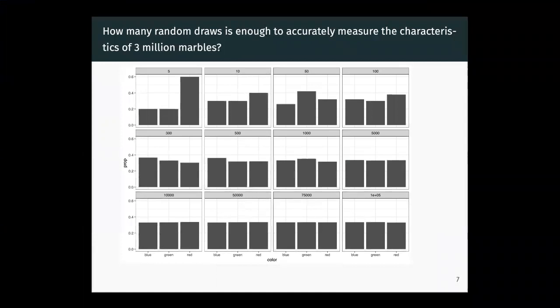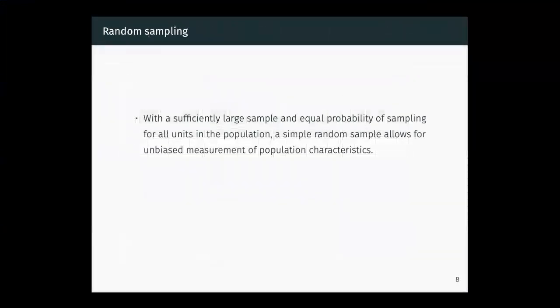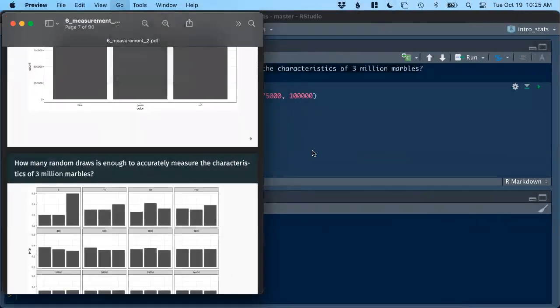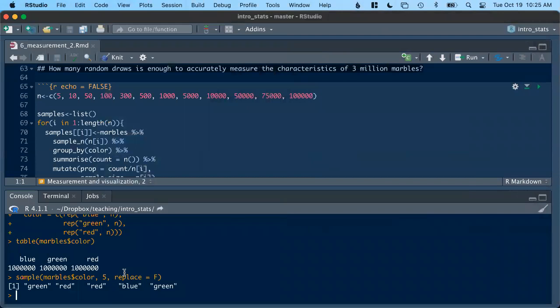Once we get to 1,000, let's actually just compute this real quick. So let's draw 1,000. I'm going to call it sample. Replace equals false.